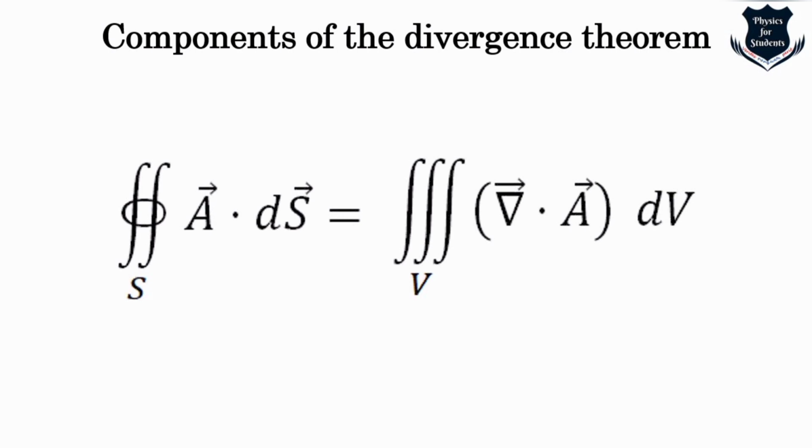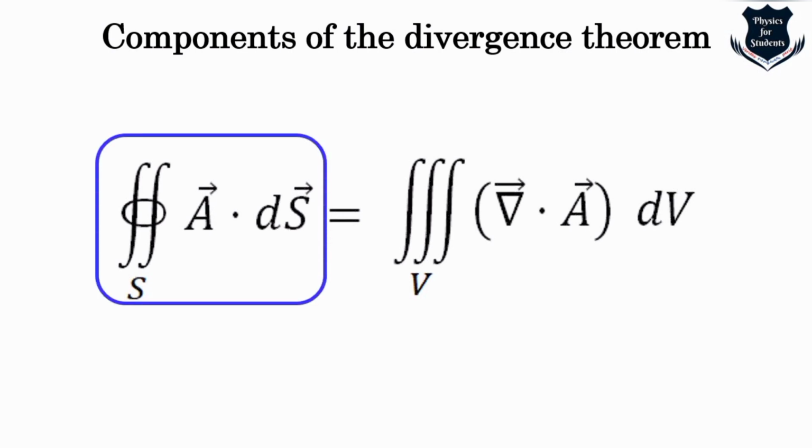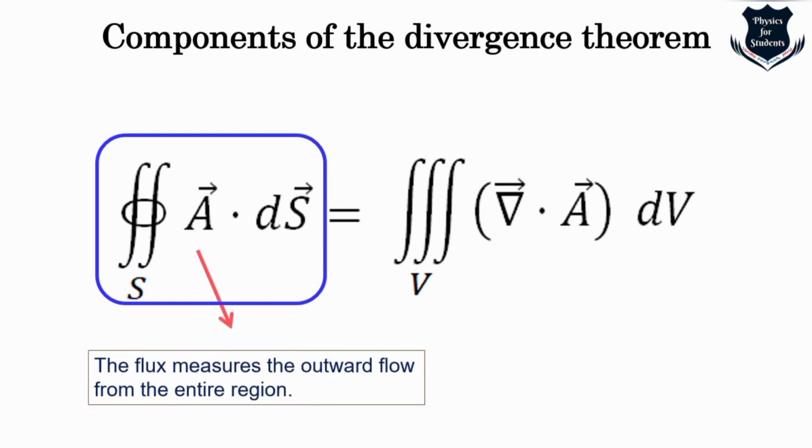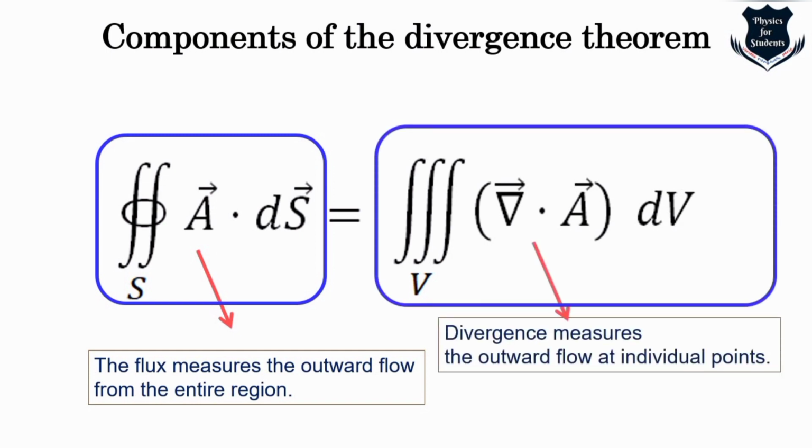This is the left hand side, and this is the right hand side. This entire part I will call the flux, which measures the outward flow of the region. I just told you that Gauss's divergence theorem first states that the vector's outward flow, so this measures the outward flow. And this part is the divergence, which measures the outward flow at individual points.